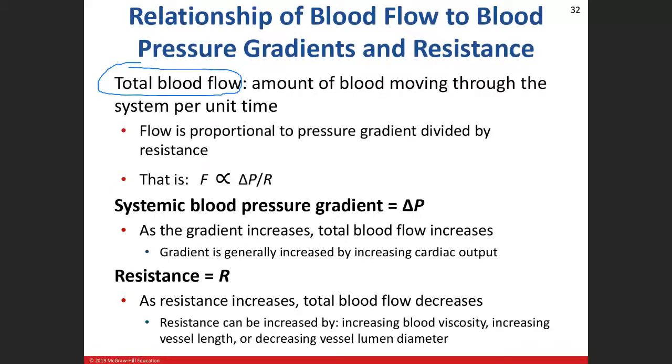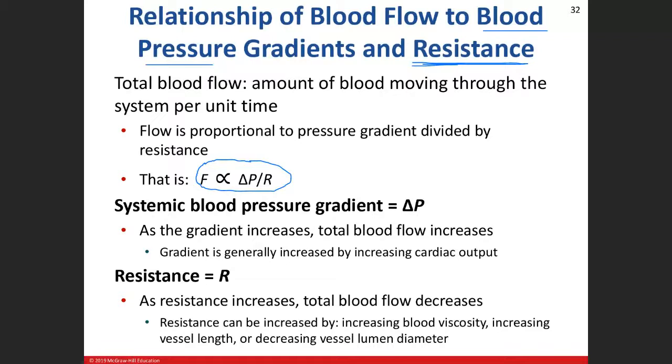All right, this is an important concept here because now we're going to look at the relationship between blood pressure, what we just talked about, and blood flow, including resistance. So what effects do resistance and blood pressure have on blood flow? That's what we're going to answer now. And we're going to use this equation to describe it.